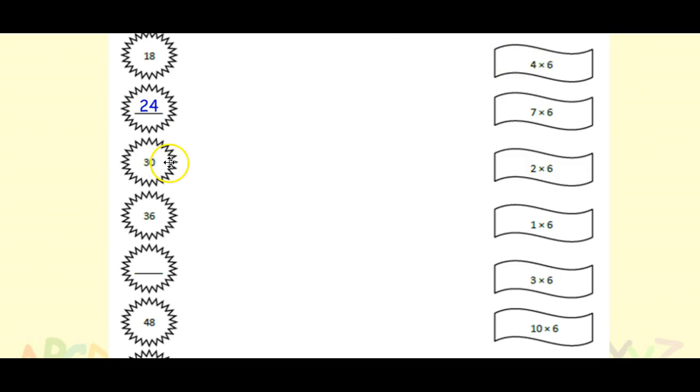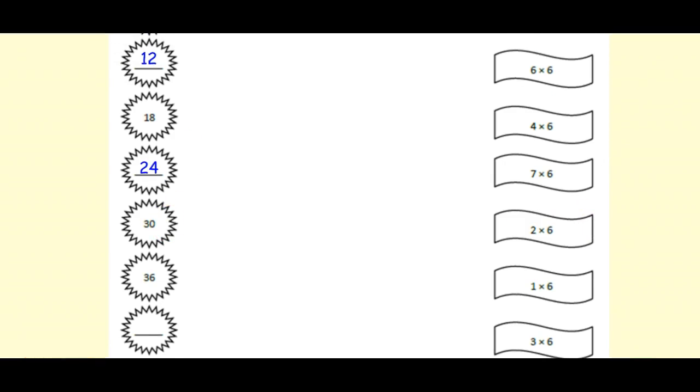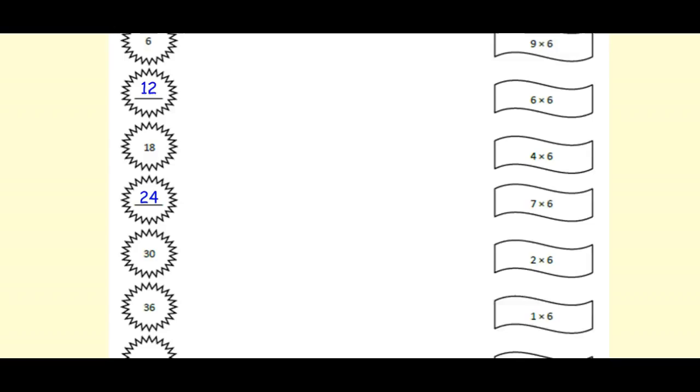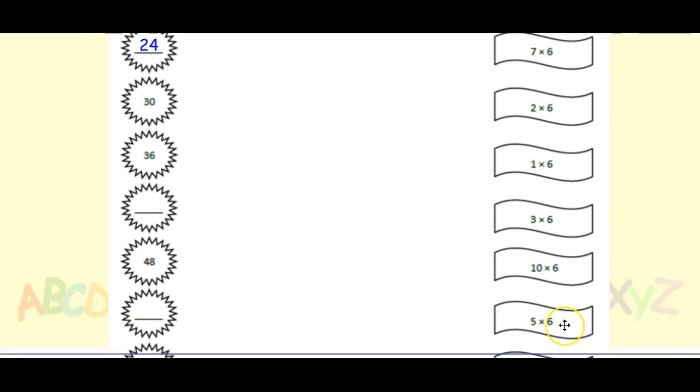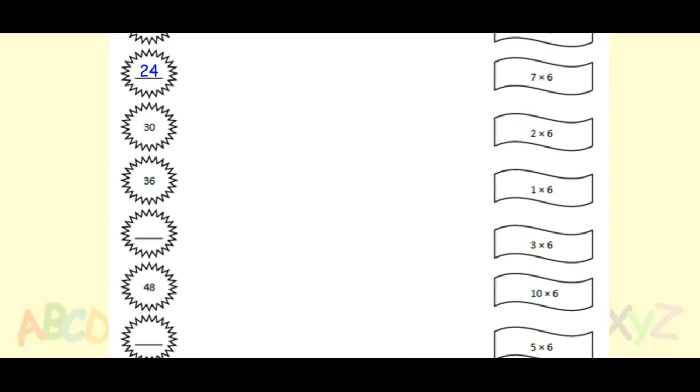You should have drawn a line from 30 to, let me find it, 5 times 6 down here at the bottom. You should have drawn a line from 36 to 6 times 6. After 36, you should have put 42.